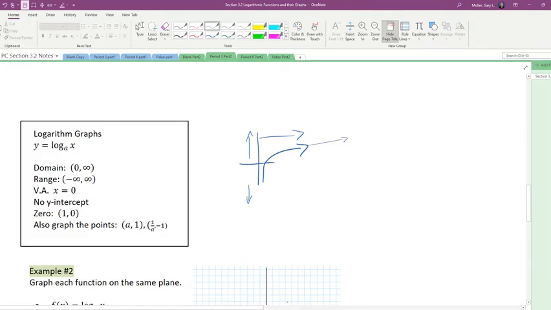It's got no y-intercept. It has an x-intercept at 1. And then very common points to find would be the point a, 1, whatever the base is, and 1 over the base, -1. Those would be the same 3 points that I want to see on exponent graphs, just the inverse of them on the logarithm graph.